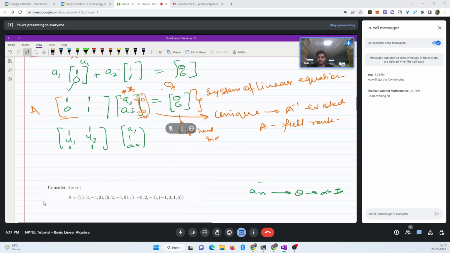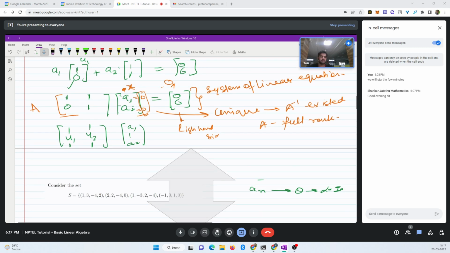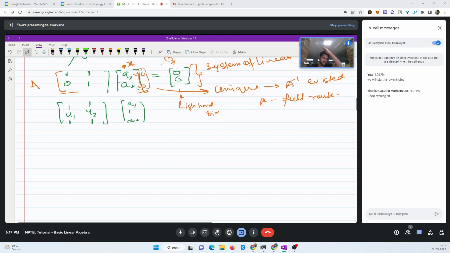So one simple way to check if your vectors are linearly independent or not, rather than going through everything, is this: let's say you want to check whether your vectors u1, u2, ..., un are linearly independent or not.